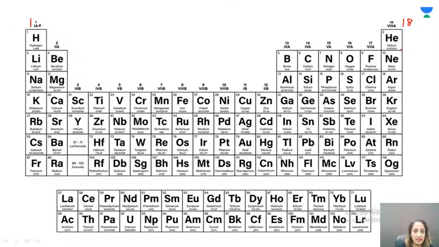We can group them as 1A, 2A, and for now let's forget about these elements and directly go on to 3A, 4A, 5A, 6, 7 and 8. So this is the easier way.